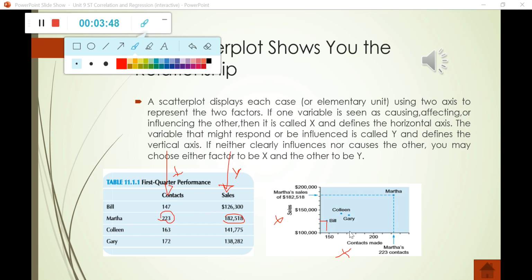Then we have Colin and Gary. They increase a little bit more, 116, 72. So here we can already see some increasing. Colin here and Gary here.